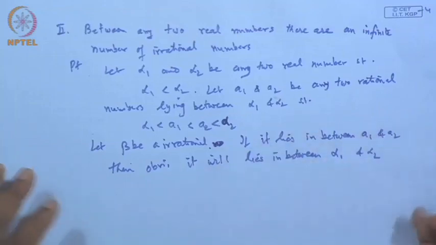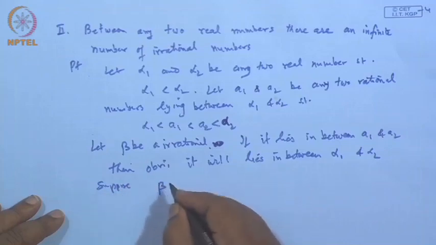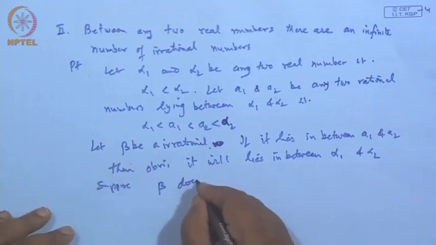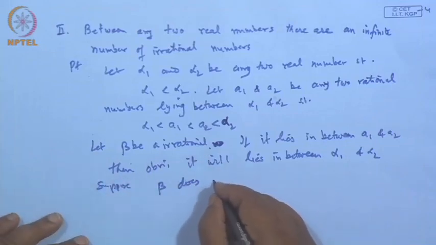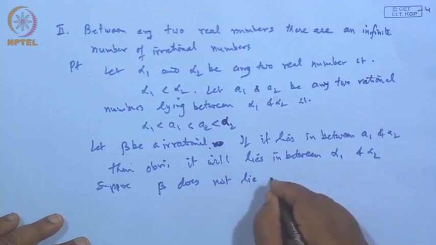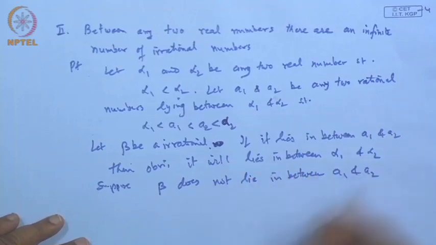Suppose it is not so: suppose there exists an irrational number beta that does not lie in between a 1 and a 2.